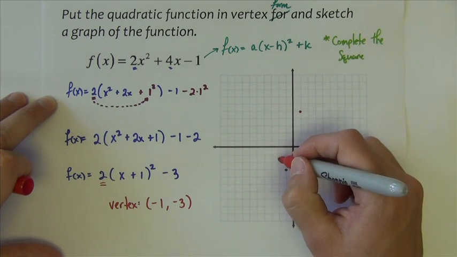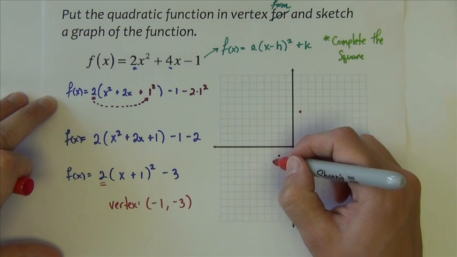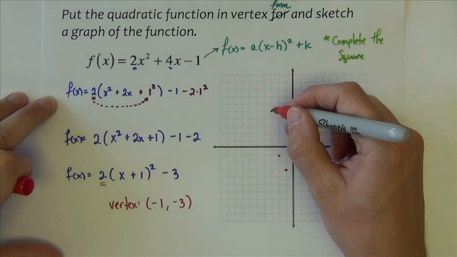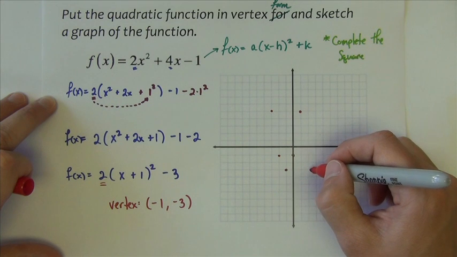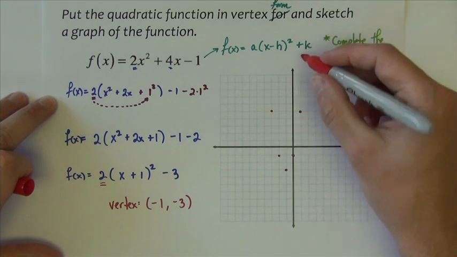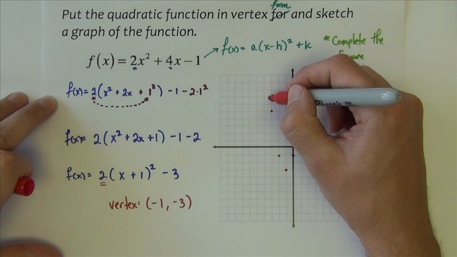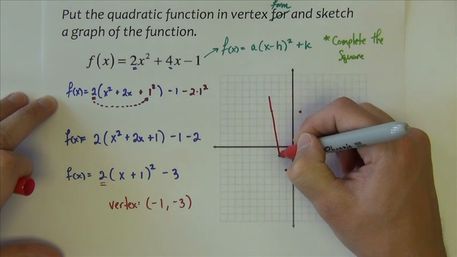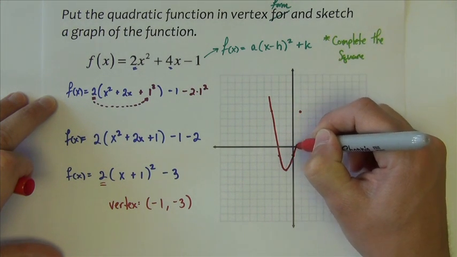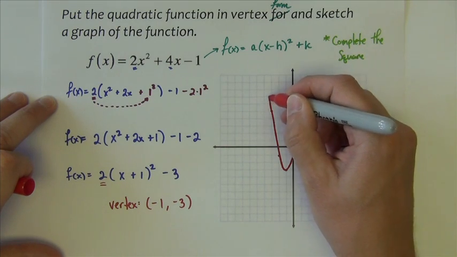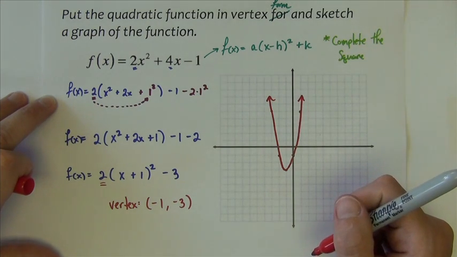And out here, 1 goes to 2, 2 goes to 8. If I go 3 from the vertex, it would count out to 18, and that goes off the graph. So these 5 points are going to be enough. Looks about like that.